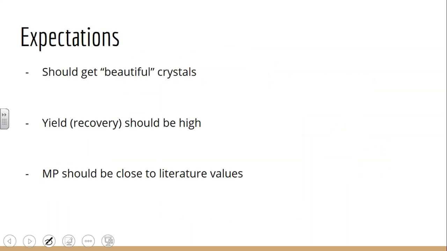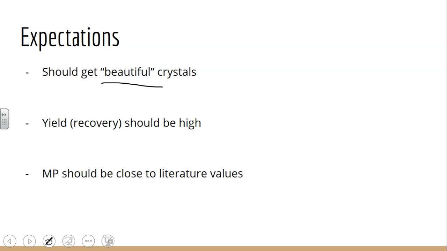Okay, so here are the expectations. One thing that you usually get, because you have to use a crystalline solid, you can't use things that are what we call amorphous, or don't have some sort of regular crystal structure, is that you're going to get these beautiful crystals. Beautiful, I know, is in the eye of the beholder, but you start with a pile of something and you get long greenish needle-like crystals, or you get these flat, flaky, purpley, shiny crystals.